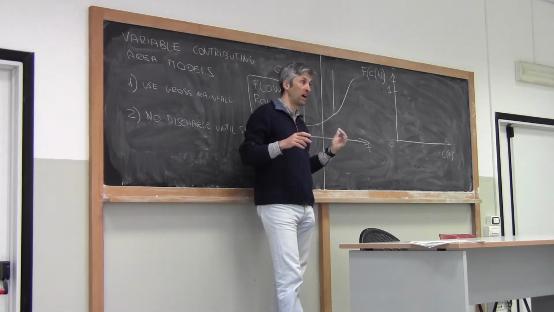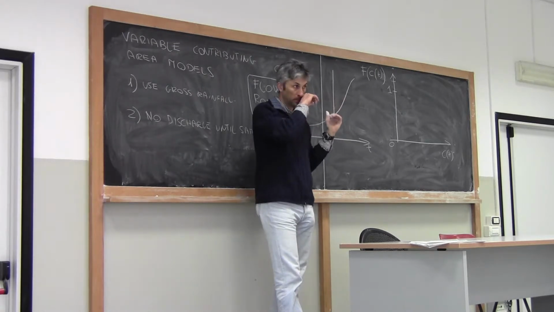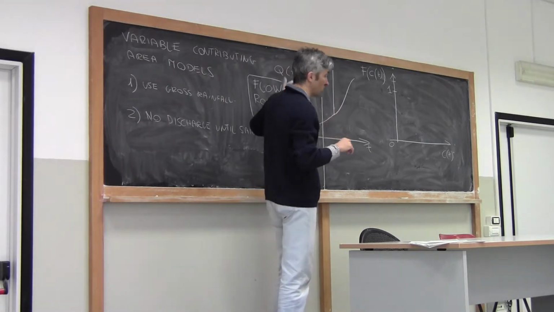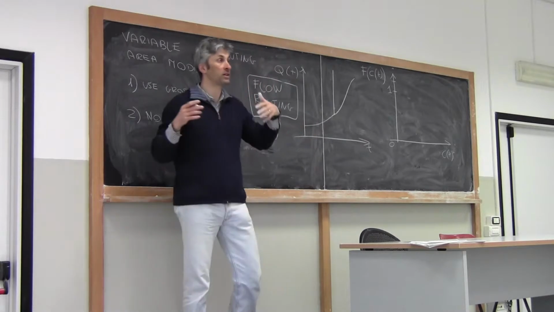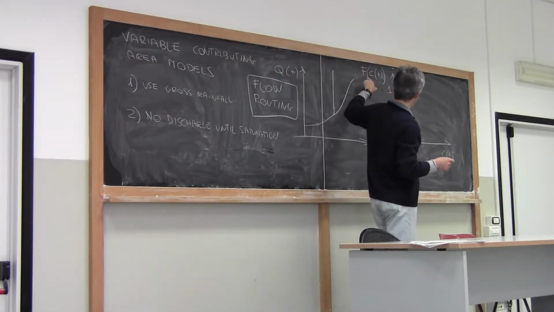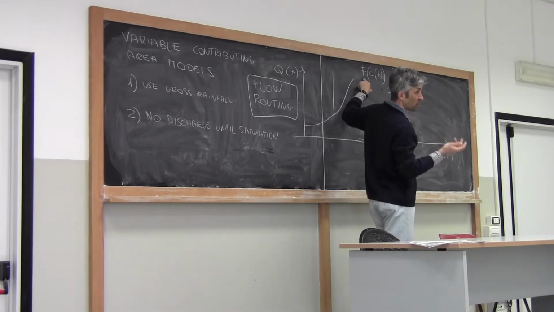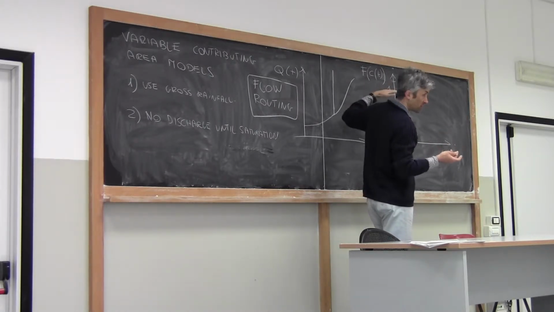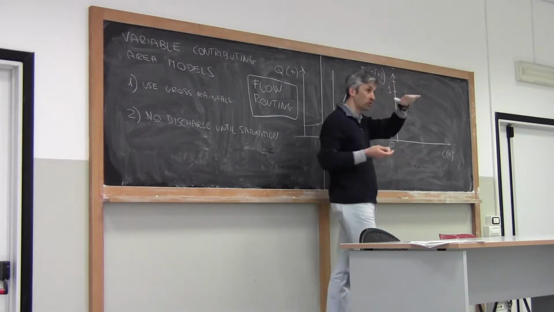Because, you know, after complete saturation of the catchment, even if I have an increase of rainfall, the quantity F doesn't exceed 1. It is limited to 1, of course.